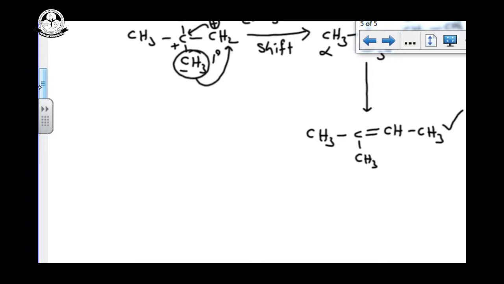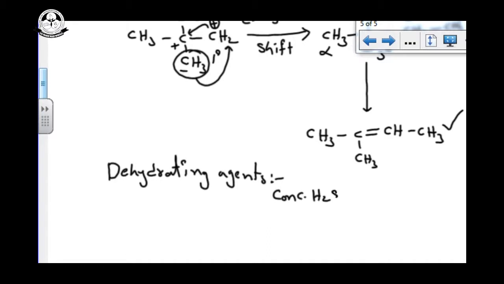Dehydrating agents. We are given dehydrating agents: concentrated sulfuric acid, and we are giving some temperature. This is also a dehydrating agent, and P2O5 can also act as a dehydrating agent.